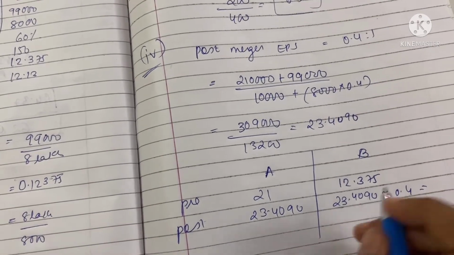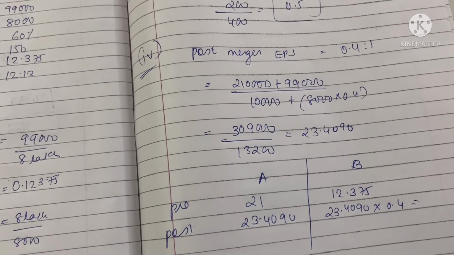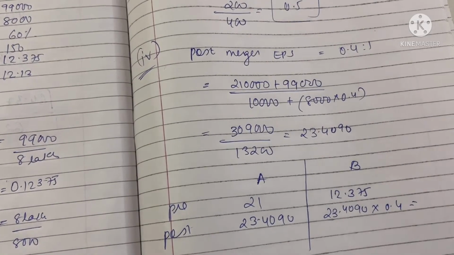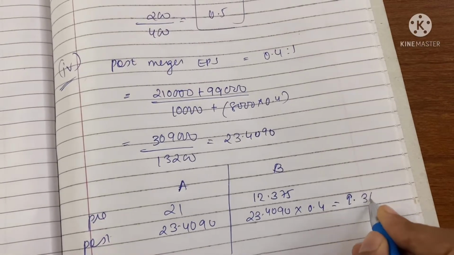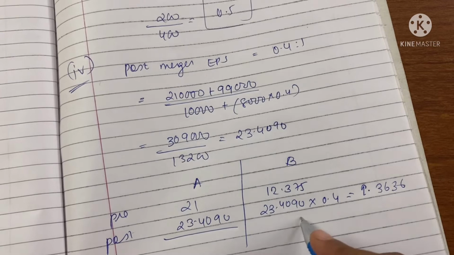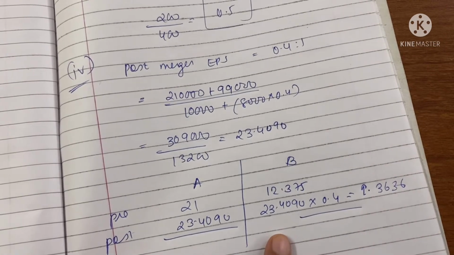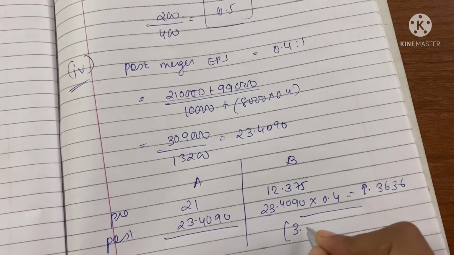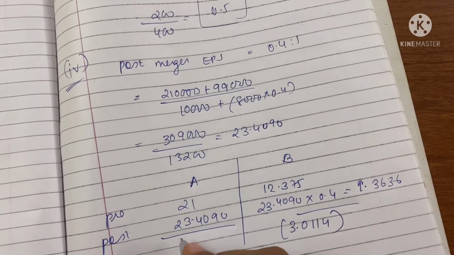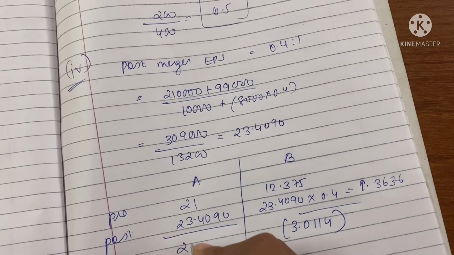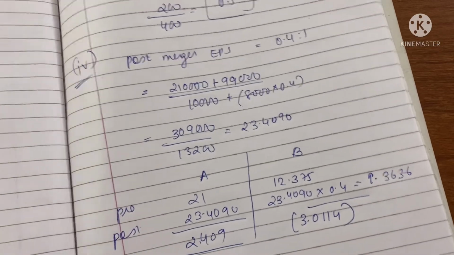The B shareholders would be holding 9.36. Here there is a reduction in the earning per share if the exchange ratio is that, 3.0114, and here there is an increase. The shareholders would have a benefit gain of rupees 2.409 per share. Fine.